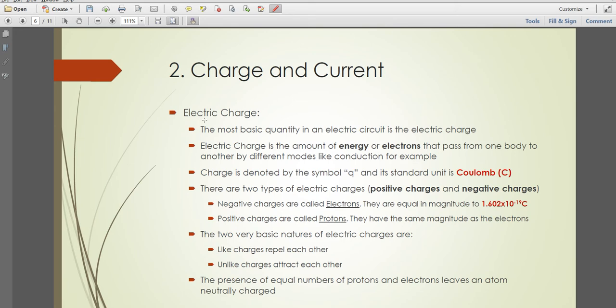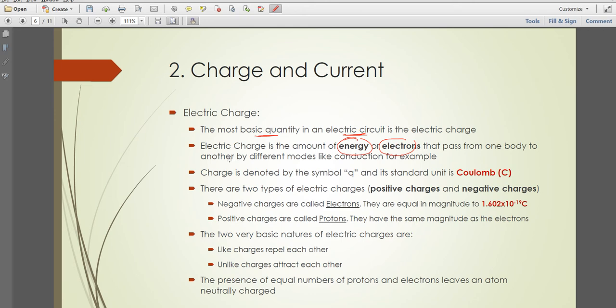So what is electric charge? It's the basic quantity for an electric circuit. Electric charge is the amount of energy or electrons, especially those electrons that pass from one body to another.